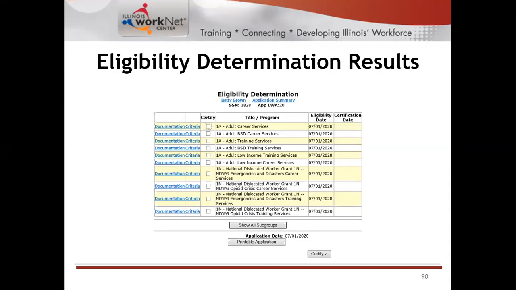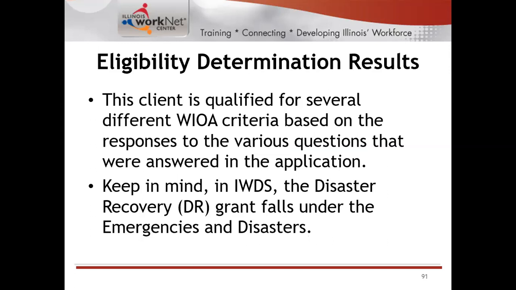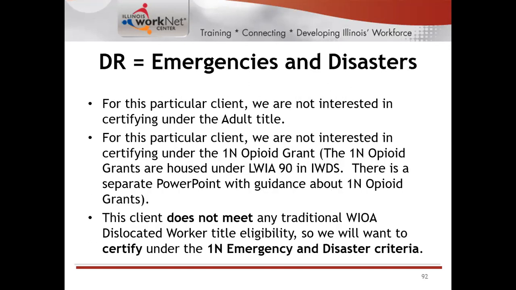Keep in mind the opioid logic is in all LWIAs, but the grants are only held under LWIA 90. So it does you no good to certify under the opioid criteria just because you see a client meeting that criteria. For this particular mock client, we want to serve her under our disaster recovery grants, and that would fall under the emergencies and disasters criteria.